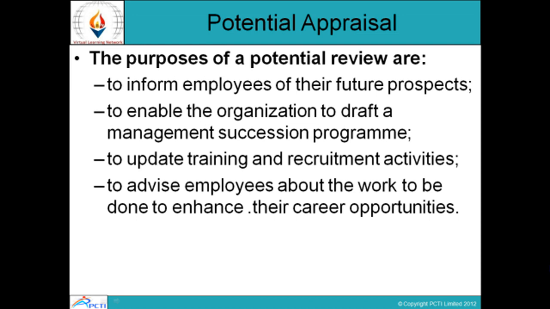Then to advise employees about the work to be done to enhance their career opportunities, lead them, help them, and improve their chances for the future. Potential appraisal helps you understand how much capability you have and what kind of positions you can handle in the organization, and what career opportunity a person can avail.